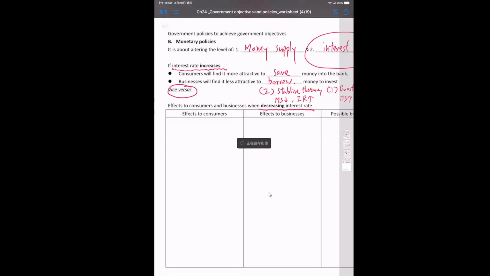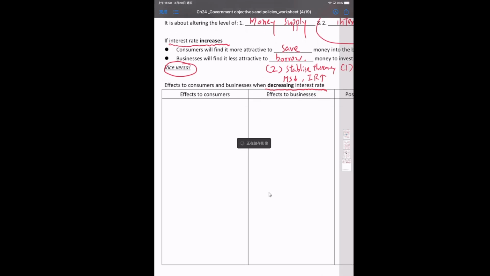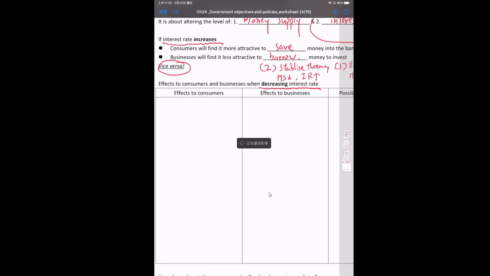So for consumers, after the intervention from the government, what are we going to expect? When there's a lower interest rate, what will happen to the consumers? What do you think they would do when the interest rate is getting lower? Yeah, more spending, less saving, exactly.